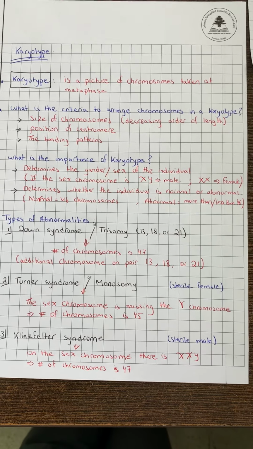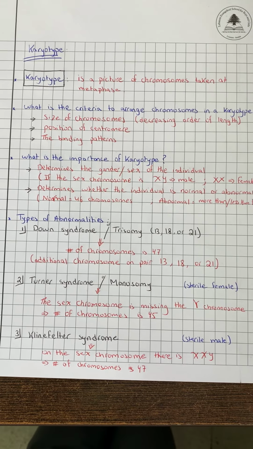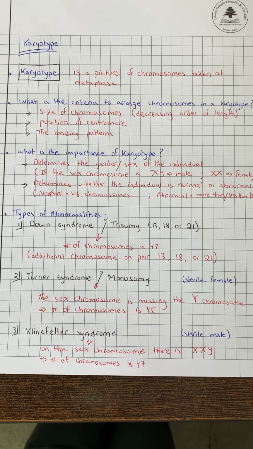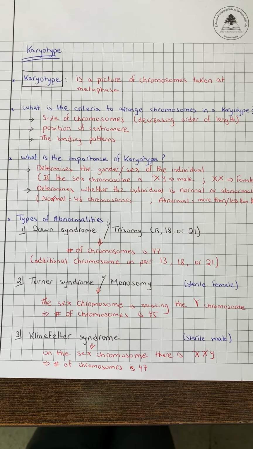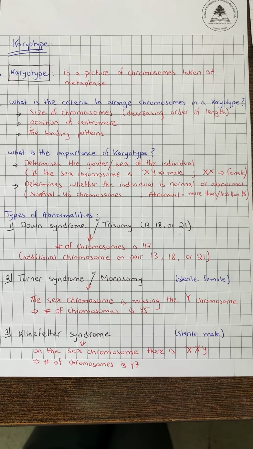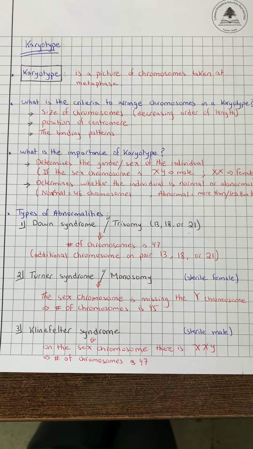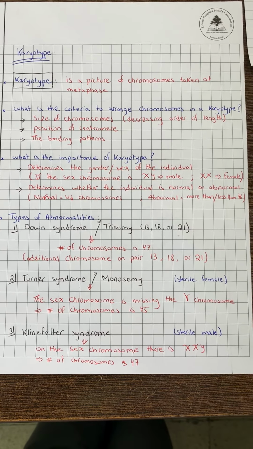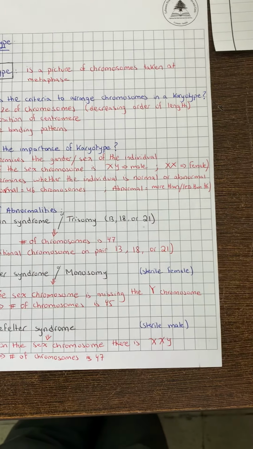Remember that the centromere is the link between two chromatids, the thing that holds two chromatids together. And finally, the last criterion to arrange chromosomes is the banding patterns.